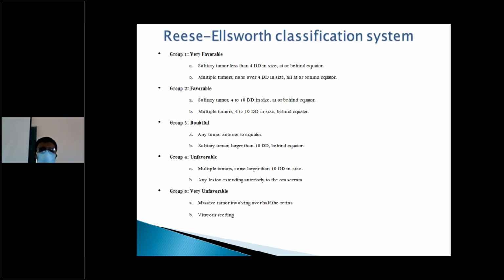Group 3 is doubtful prognosis: any tumor anterior to the equator, or a solitary tumor larger than 10 disc diameters behind the equator.